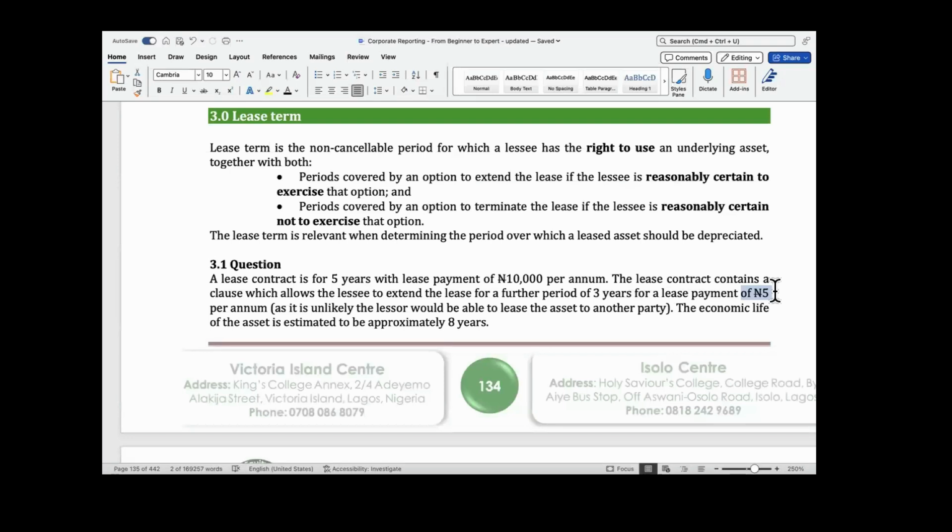So he would definitely extend. That means right from the inception, right from the beginning of the lease, we are going to treat the lease term as 8 years, 5 plus 3, because it's certain that it will extend. That's what we're talking about.